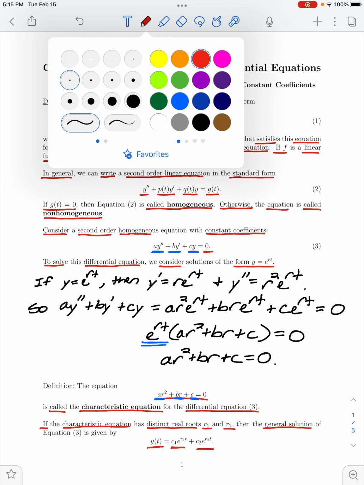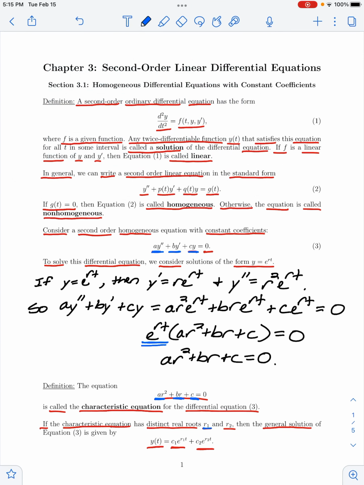So that is, we take the roots that we find, r1 and r2, and we can substitute them into the form of the solution we were looking for. So we find two solutions, e to the r1t and e to the r2t. And the most general solution of that equation is then just a linear combination of those two solutions.